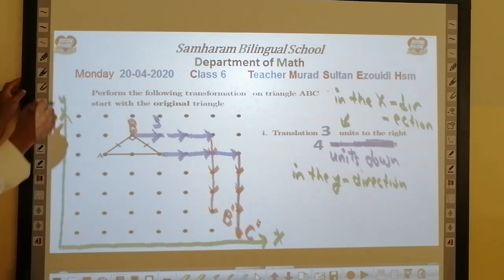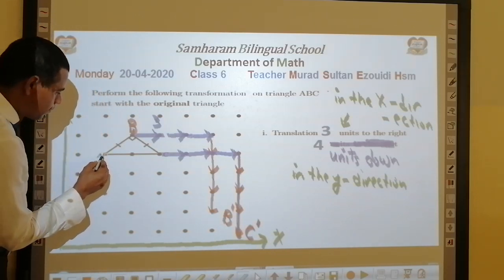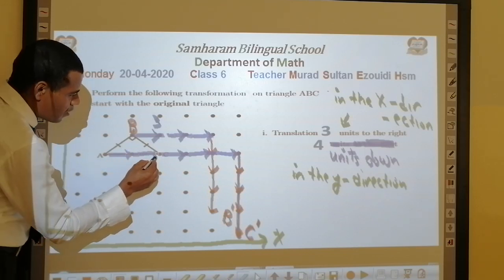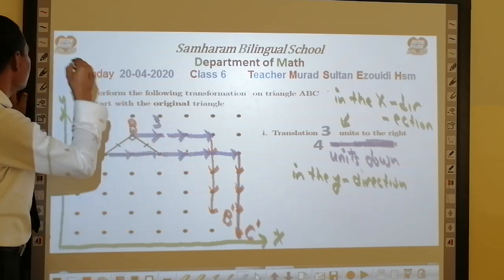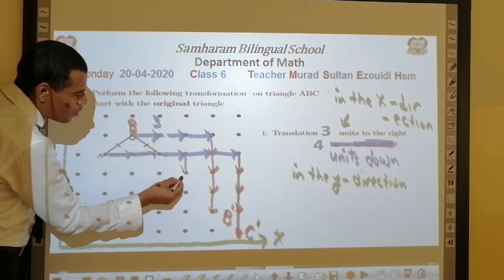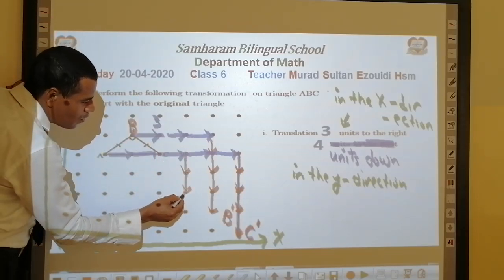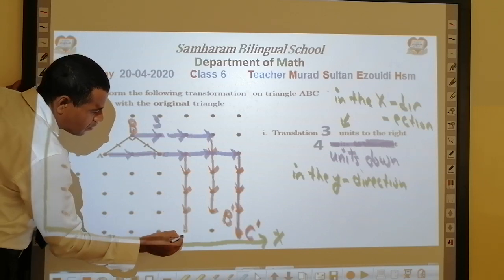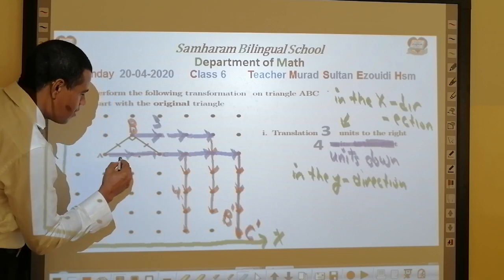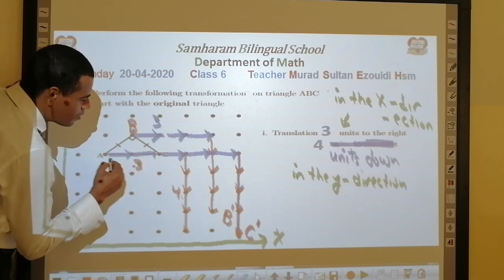Now for the last point, I will move 1 square, then 2, then 3. Then I will move down 4 units in the y direction: 1, 2, 3, 4. This is 4 units, and 3 units to the right.